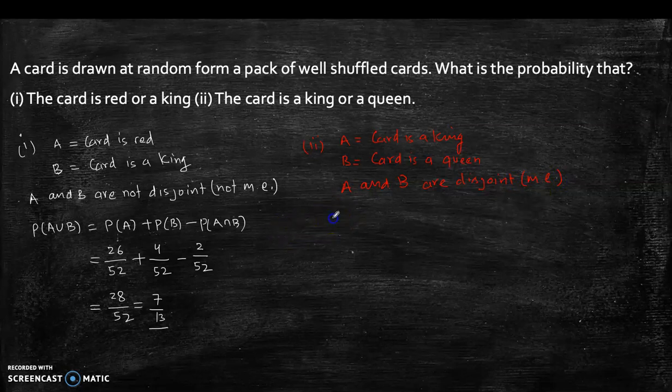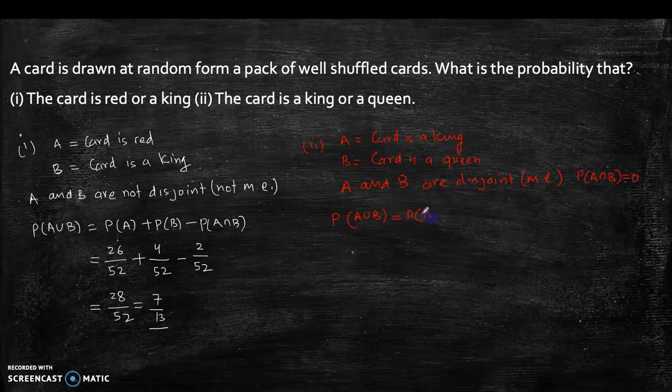If they are mutually exclusive, the theorem is going to get modified a bit. Then the probability of happening of A and B together becomes 0.